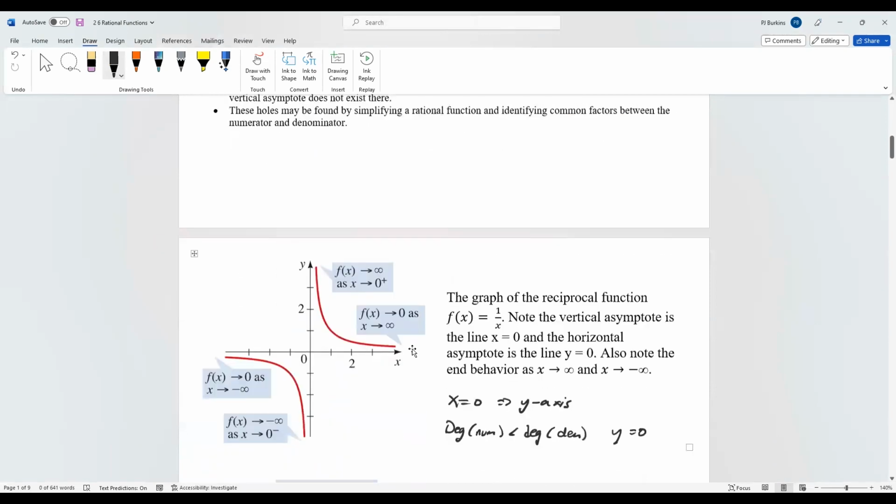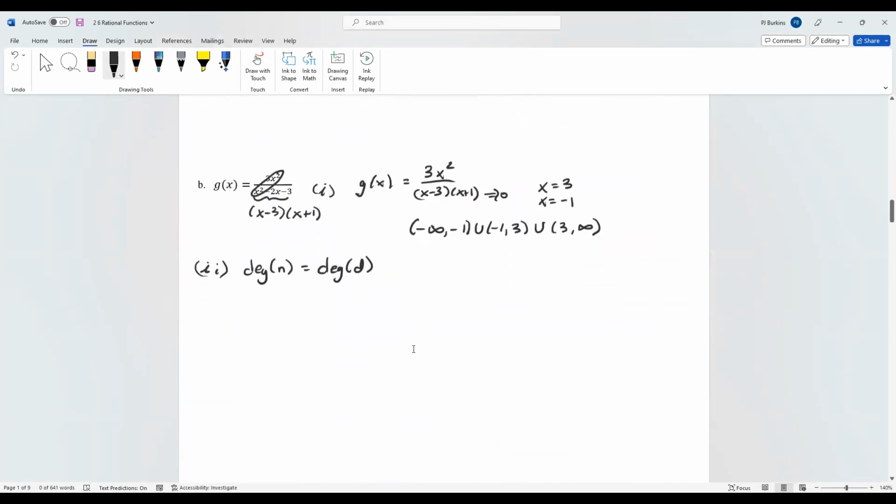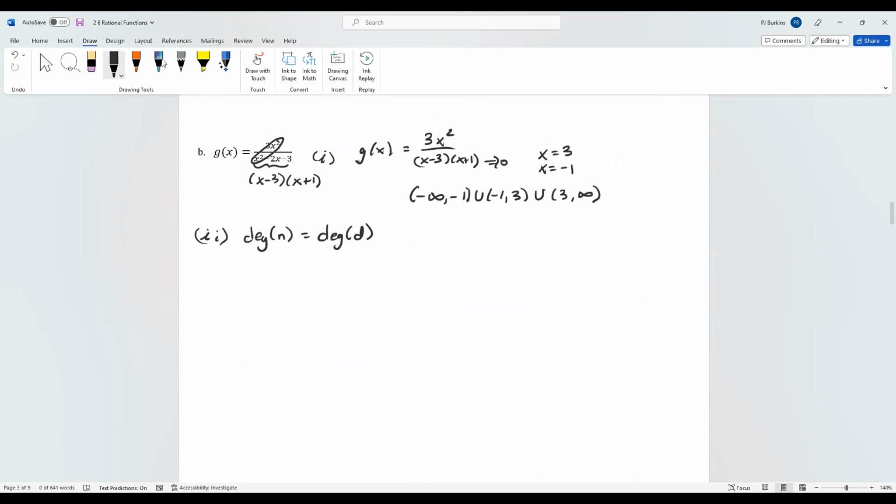So we take the leading coefficient of the numerator, which in this case is 3, and the leading coefficient of the denominator, which is 1, and we get y equals 3. So this is our horizontal asymptote.